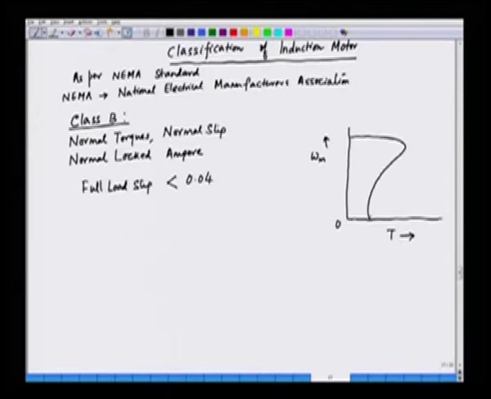We have the maximum torque here, and this is the starting torque. The starting torque is not very high, but it is moderate, and this has got normal rotor resistance. The rotor resistance is neither very low nor very high.